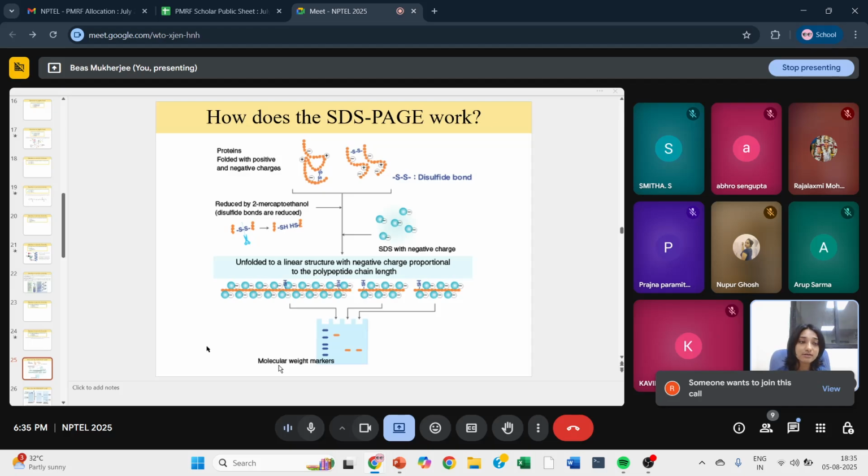It's an anionic detergent, and this gives negative charge to the protein. Heating actually denatures the protein, that means its natural fold is gone. Now it is a linear chain, and then the SDS molecule comes and sits on it, gives it uniform negative charge, and then when you run it, it migrates only on the basis of difference in molecular weight. So this is something that you have to remember.